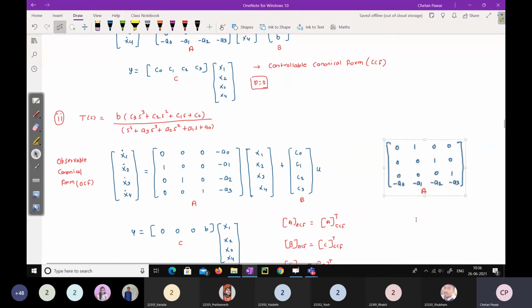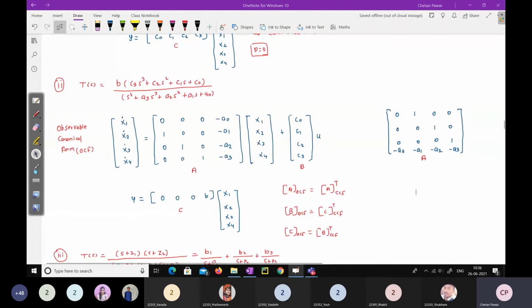Here you can see this particular matrix is a transpose of this one. This is the A matrix of the controllable canonical form, and this is the A matrix of the observable canonical form.